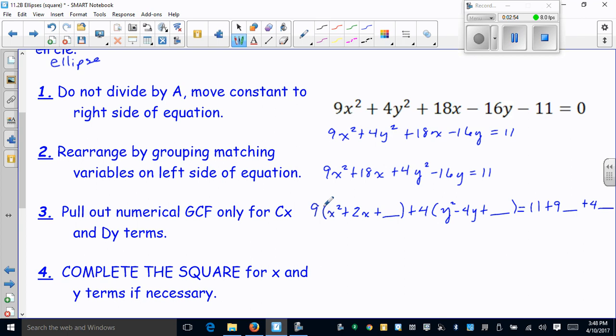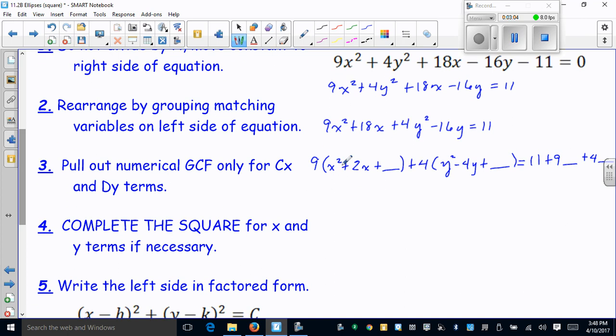Okay, so now it says complete the square. So on this one, half of 2 is 1, so this is going to become 1 squared. So I'll put 1 over here. This one here is half of 4 is 2, so it will become 2 squared. So I'll put 4 over here. Remember, 2 squared is 4. And now they're telling you to finish it up.